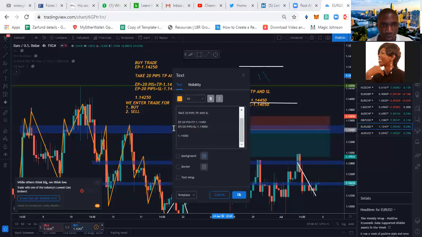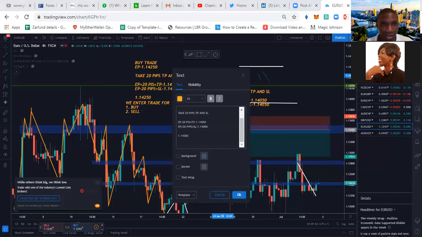That number becomes 1.14050. That becomes the take profit for this sell trade. Remember, we're talking about a sell trade here.